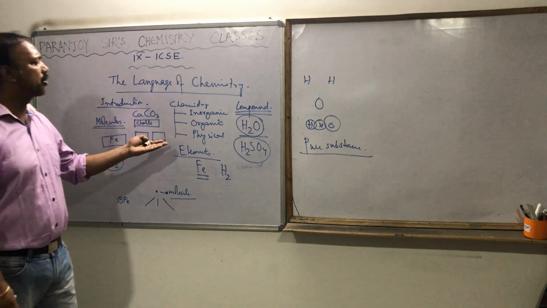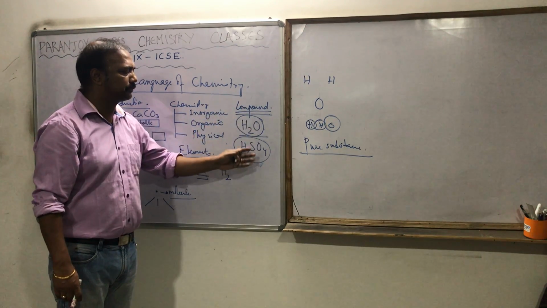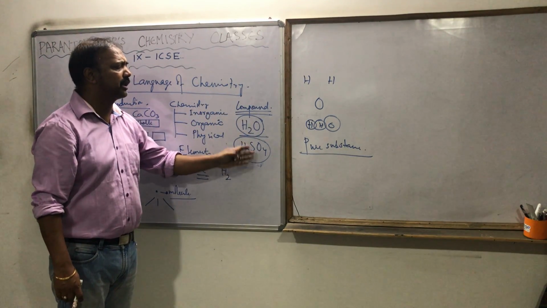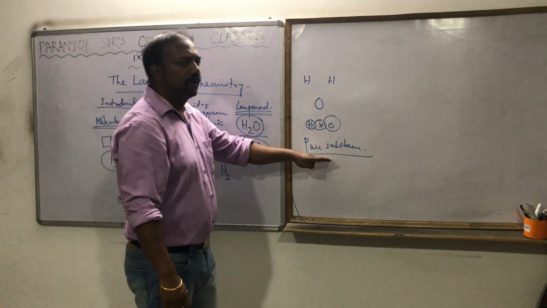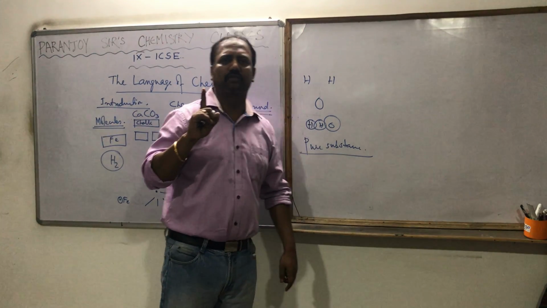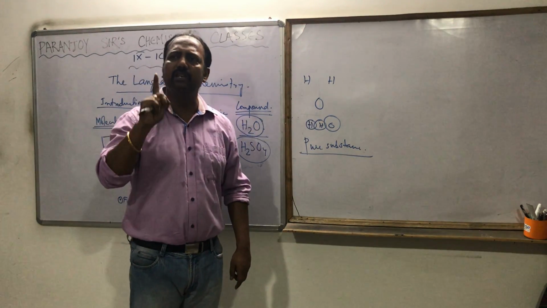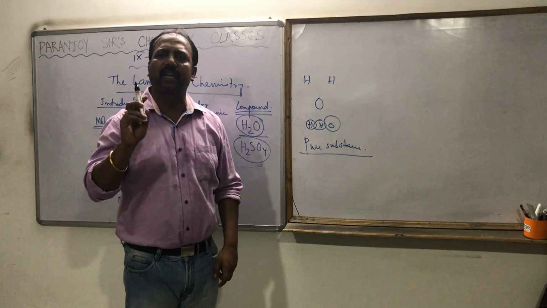Clear? And when more than one element combines in a definite proportion, they form a compound. Now, pure substance. What is a pure substance? One type of substance, where the property of only one substance is found.